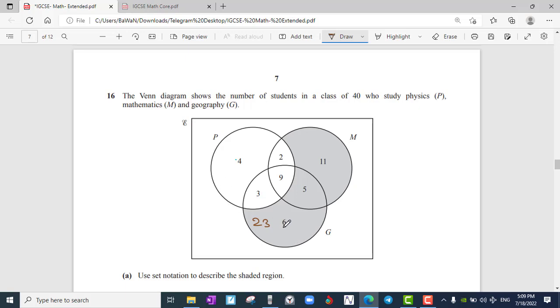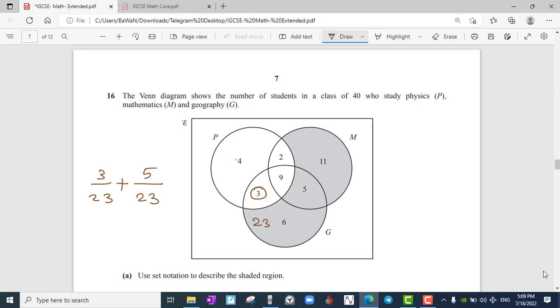Now we want a student in geography studying physics. That's 3 out of 23. There is 'or' between physics and mathematics. In probability, or means plus. Mathematics is 5 out of 23.